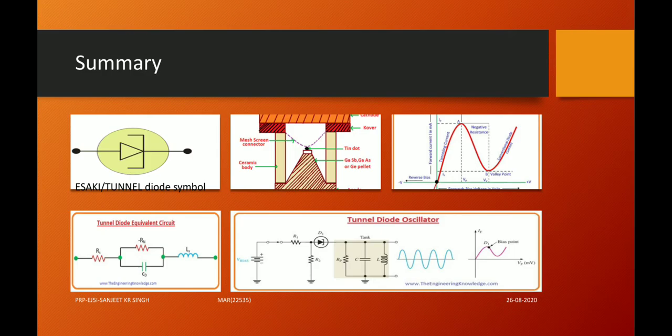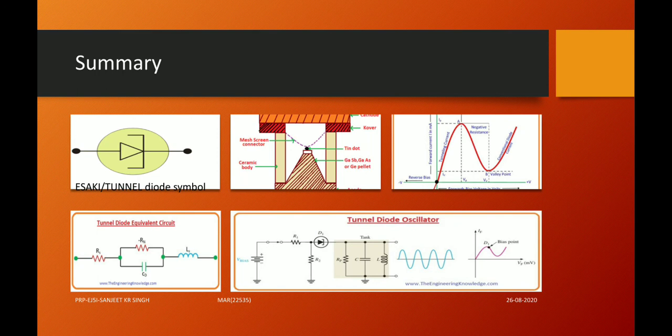So here is a summary of what we learned in this presentation. We saw the symbol of the tunnel diode. Then we saw the equivalent circuit consisting of a series resistance and a tank circuit formed of the negative resistance and capacitance, in series with the inductance.